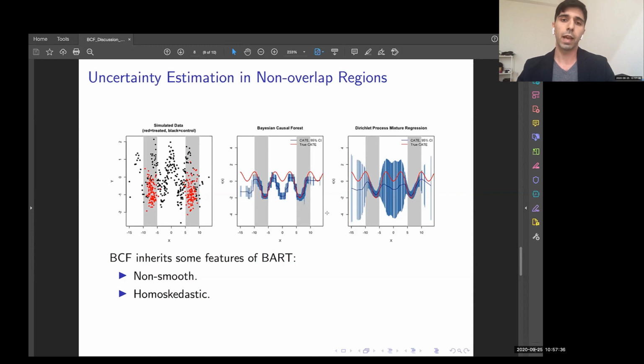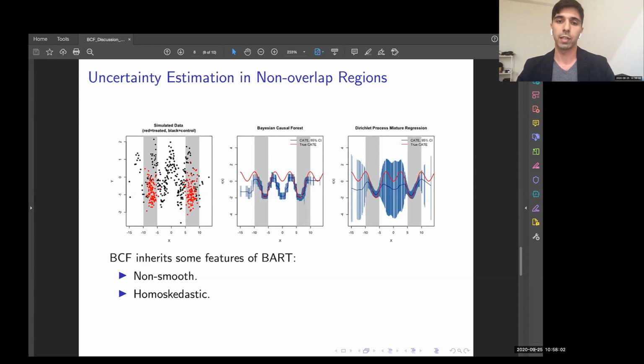And if we run Bayesian causal forests using the very nice and fast R package that Hahn et al. have available, you can get this estimate of tau, or the treatment effect, as a function of X. And you see that in the overlap regions in these gray areas, you have a really nice posterior estimate of the treatment effect.